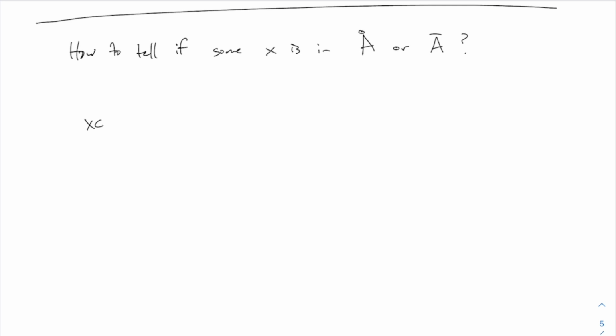X is in the interior of A. This means that X is, remember, interior means the union of all open subsets. So when I say X is in the union of all the open subsets, it means X is in some open subset of A. Really, this means that X is in U, where U is an open subset of A.